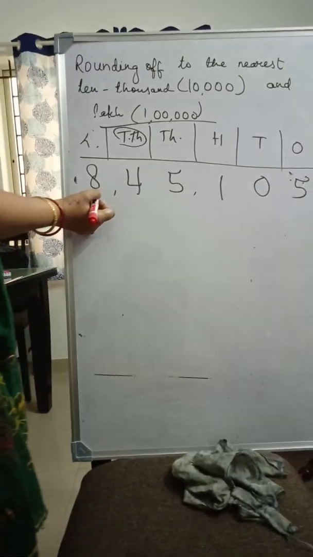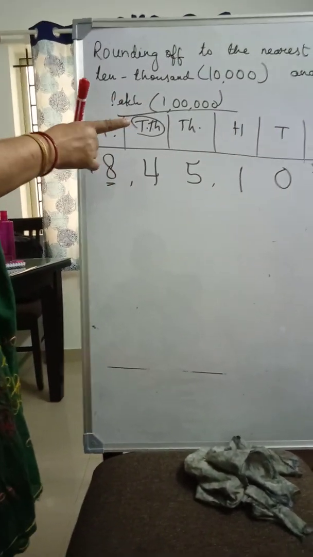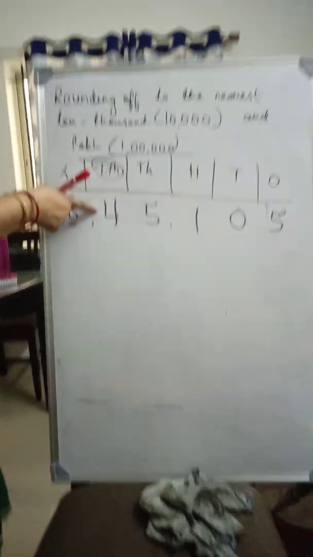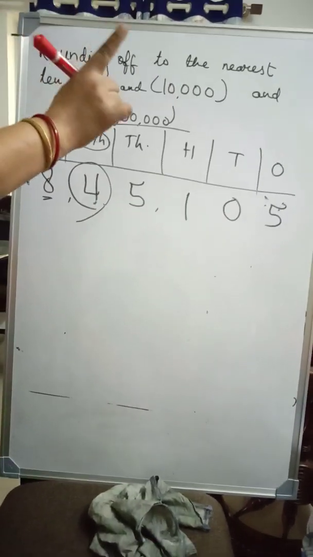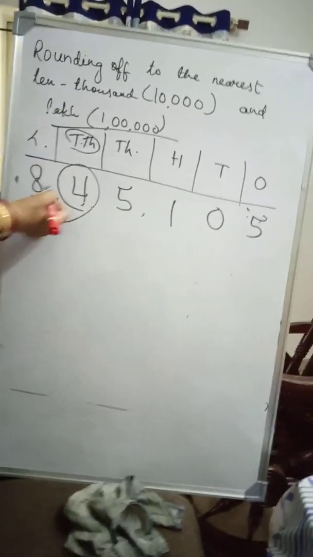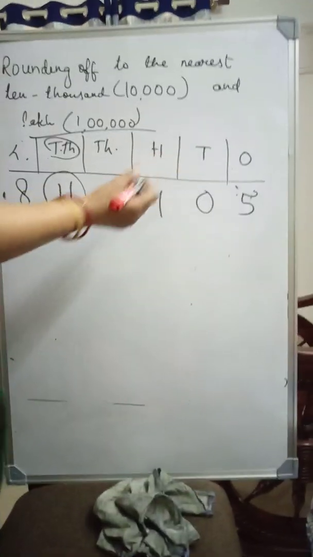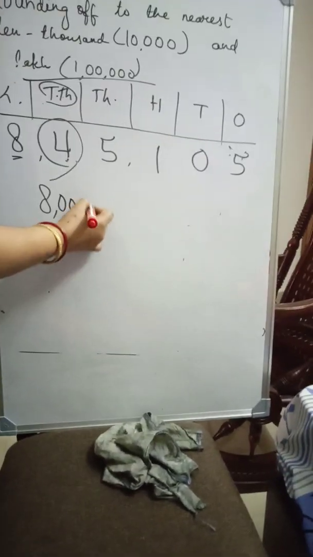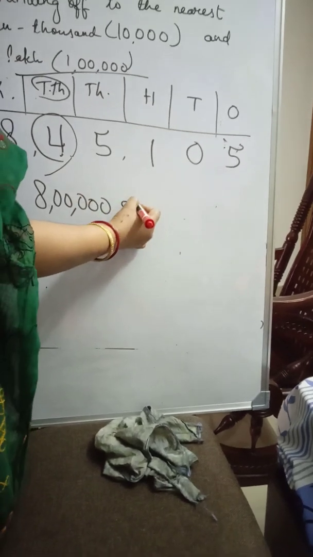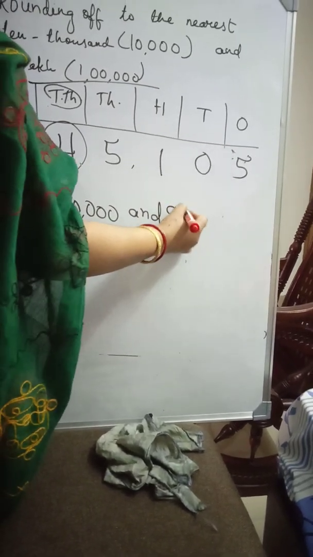Nearest lakh. Now we have to look at the digit at the 10,000 place. So we have to look at this digit 4, which is at the 10,000 place. First point. Second point, this 8,45,105 is in between 8 lakhs and 9 lakhs.